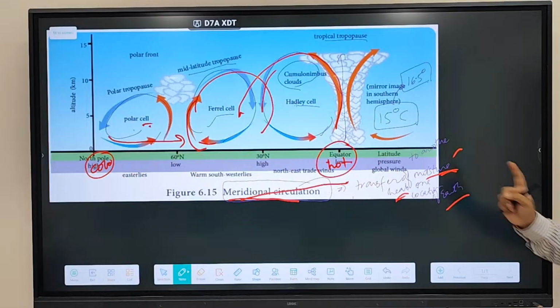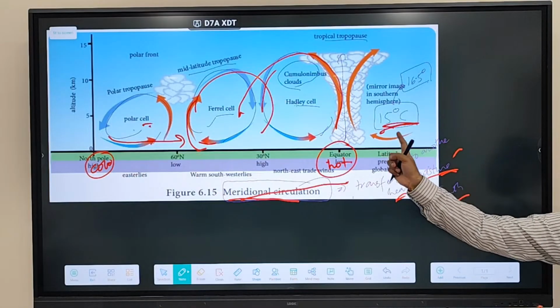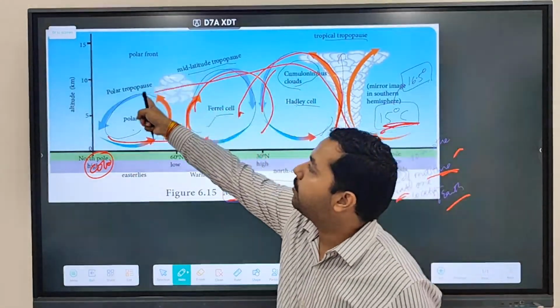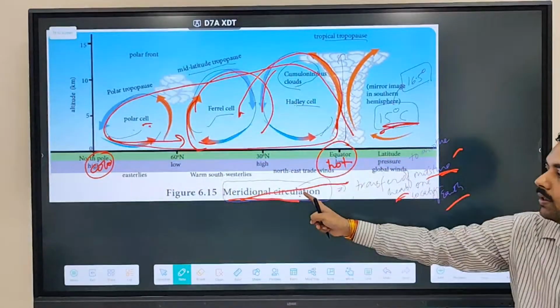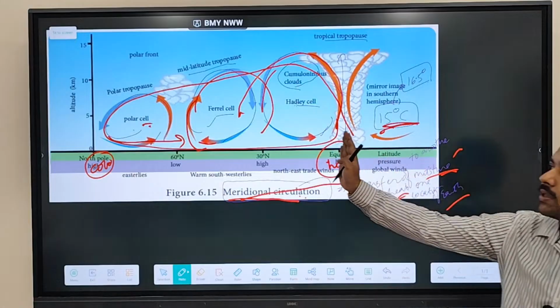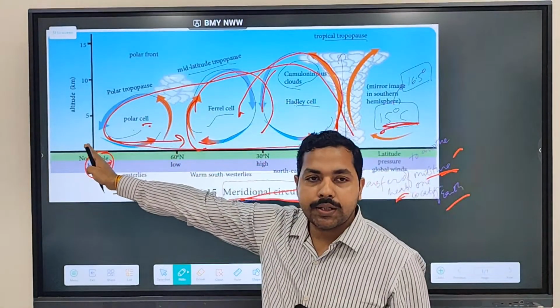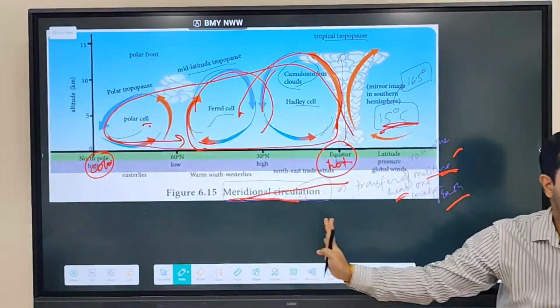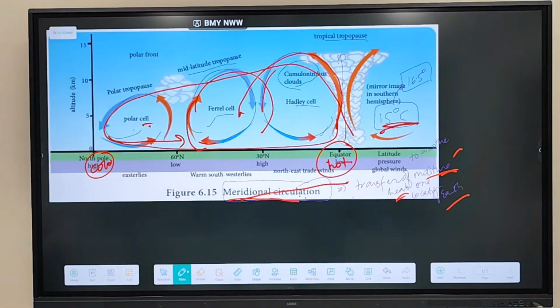So how is this average temperature of Earth maintained? It is maintained due to this circulation only, which is called meridional circulation. Excess heat from this region is transferred over here, and excess cold from here is transferred over there. This circulation is referred as meridional circulation. Fine. Have a break. We will continue.